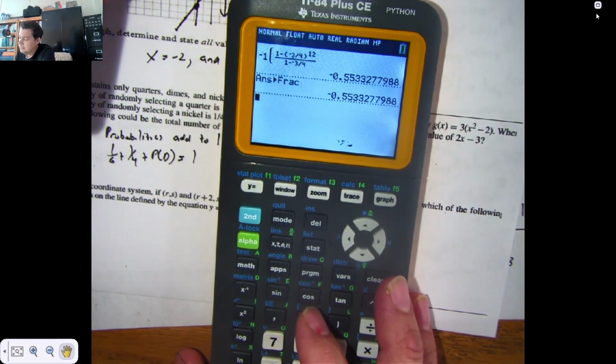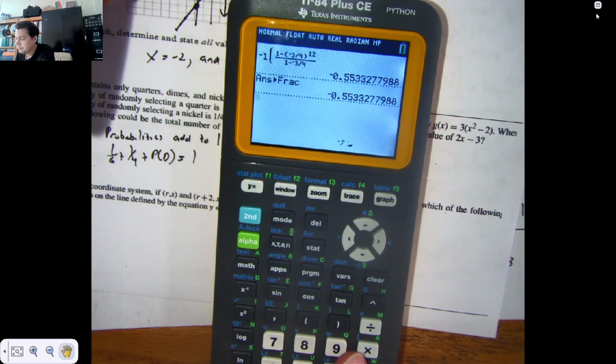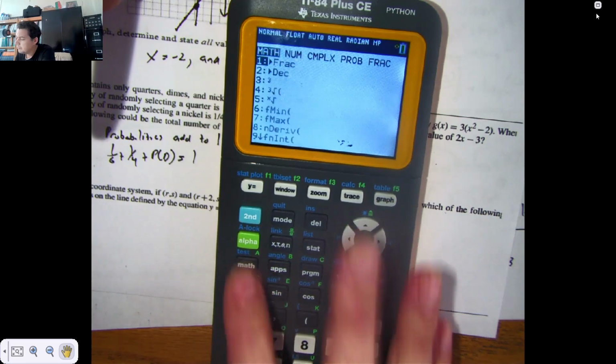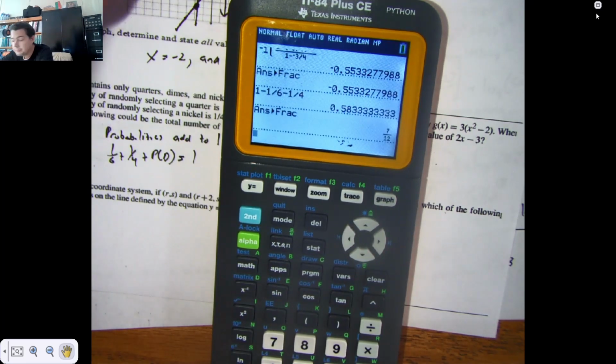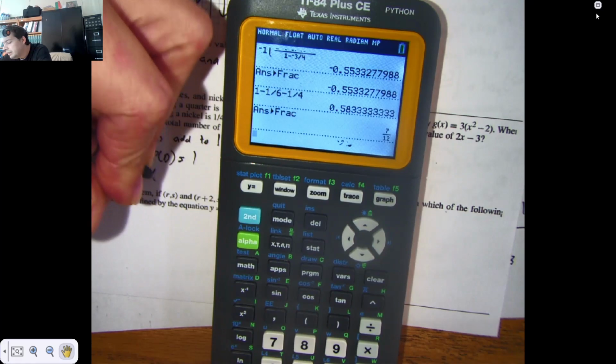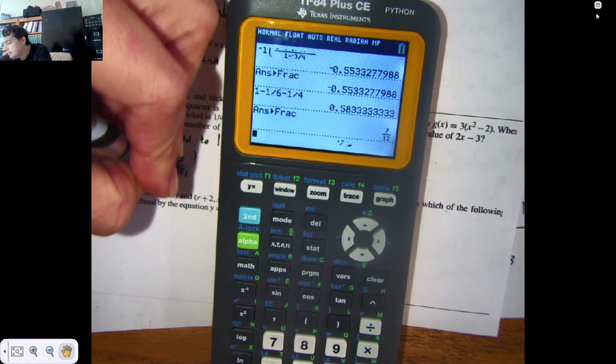I probably should, but whatever. It should be 14/24, which would be 7/12. 1 minus 1 over 6 minus 1 over 4 is 7/12. Probability of a dime is 7 in 12.